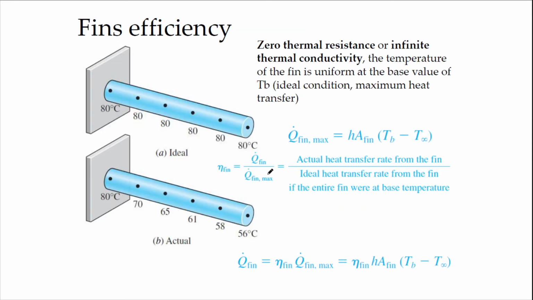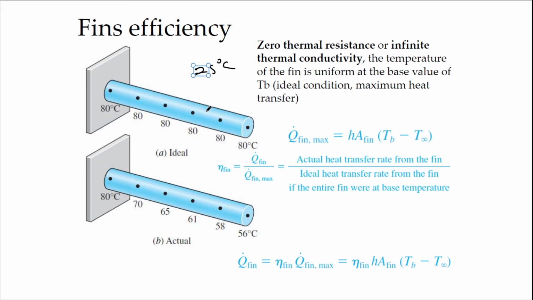So next we're going to look at fin efficiency. Ideally, we want to pull heat away. For example, let's say your ambient is 25 degrees C. If every part of the fin from the base to the end is 80 degrees C, that would be very ideal.